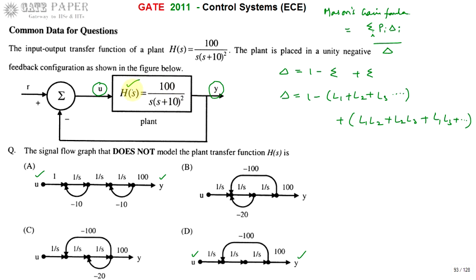Now I want to write H(s) in Mason's gain formula form. H(s) is 100 divided by s into (s square plus 10s plus 100).